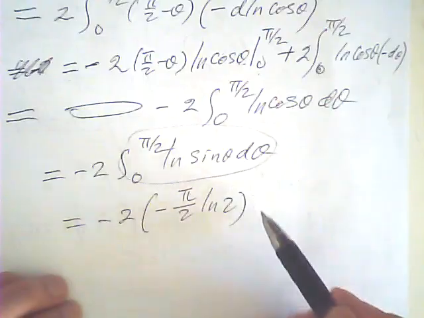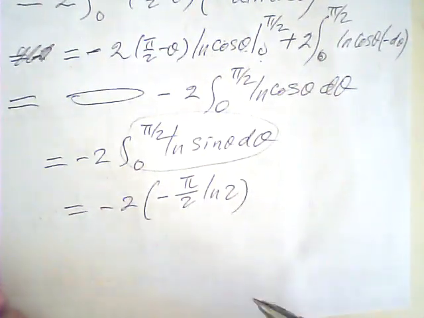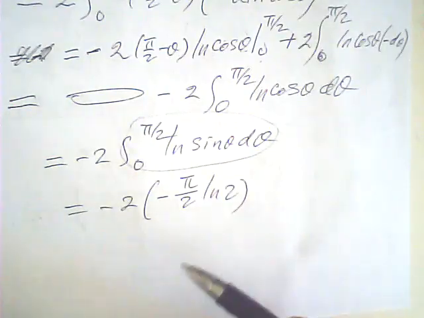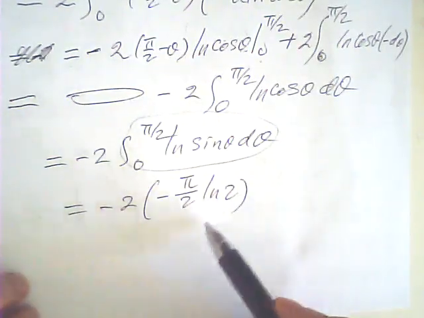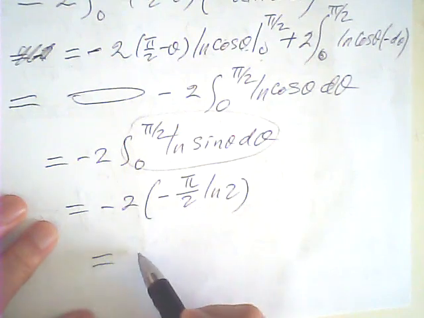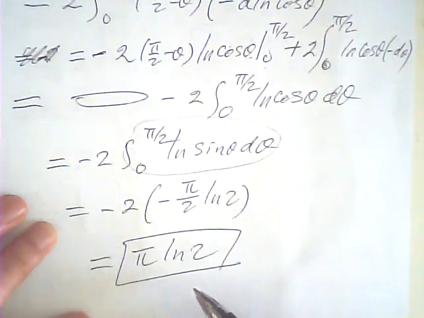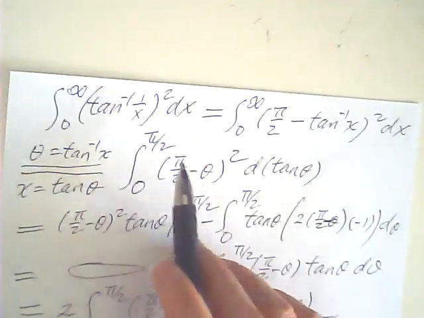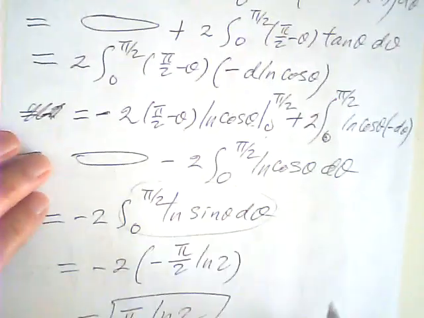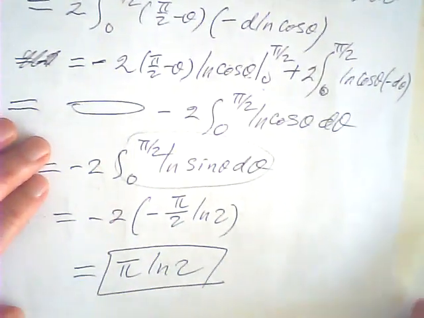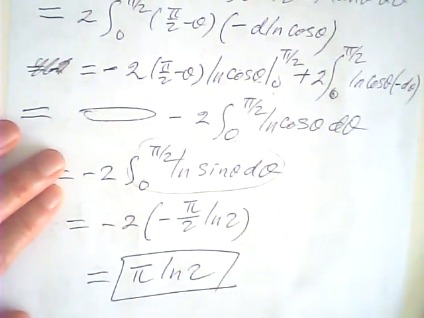The link is below, and you are welcome to see the details. So the answer is pi log 2. All right. So that is the same result for this integral by method 2. Well, I hope you like it. Thank you.